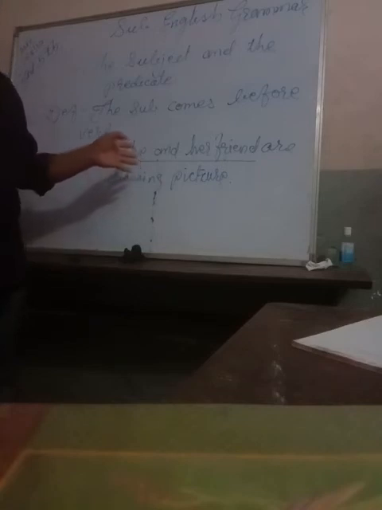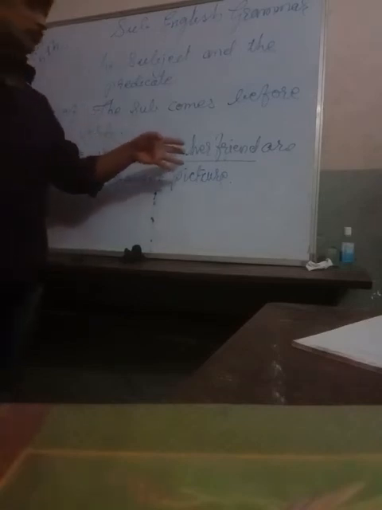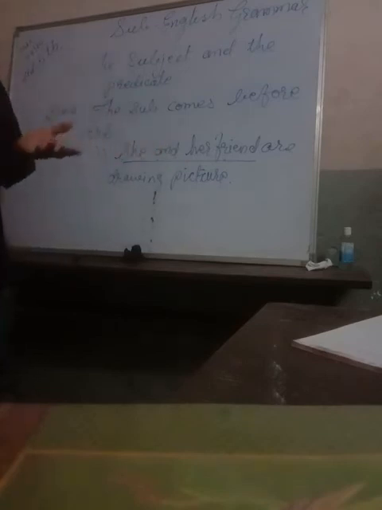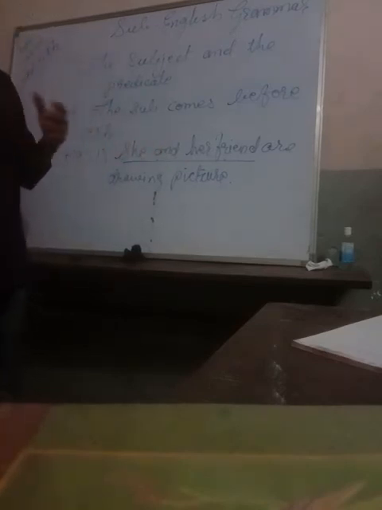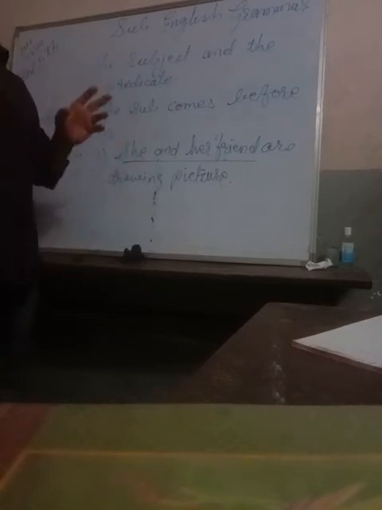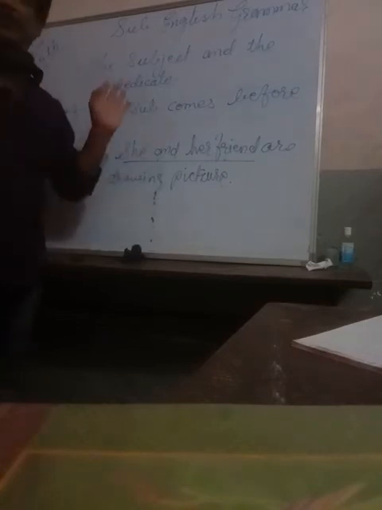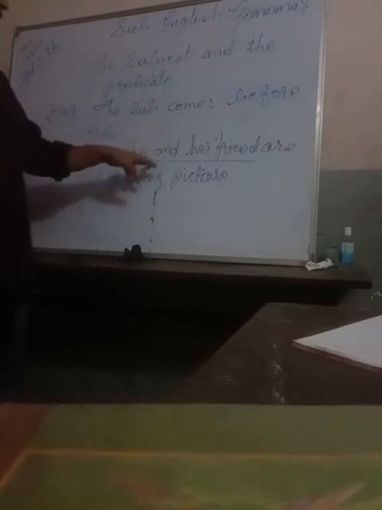वो अकेले नहीं कर रही वो ड्राइंग, तो उसके साथ में उसकी फ्रेंड भी है, दोनों भी मिलकर कर रहे हैं, दोनों भी जो भी करता है एक्शन. Okay, who is the doer of the action, that is called the subject. And who is the doer of the action in the sentence? She and her friend. So obviously it is subject, she and her friend.